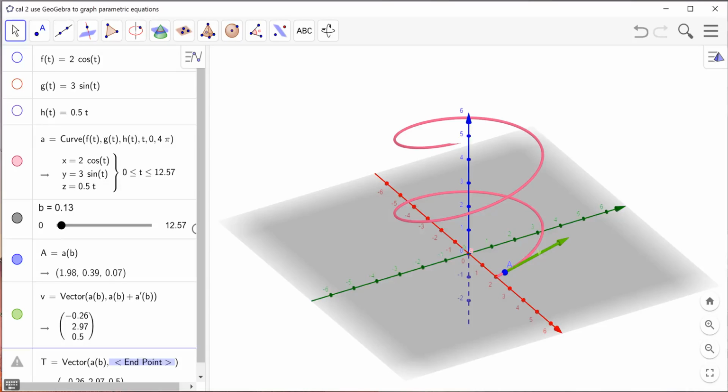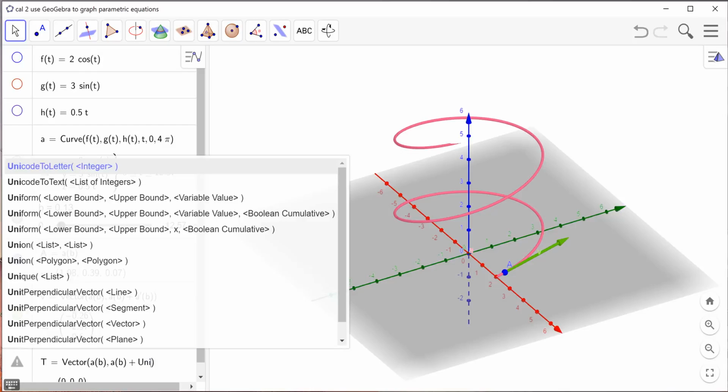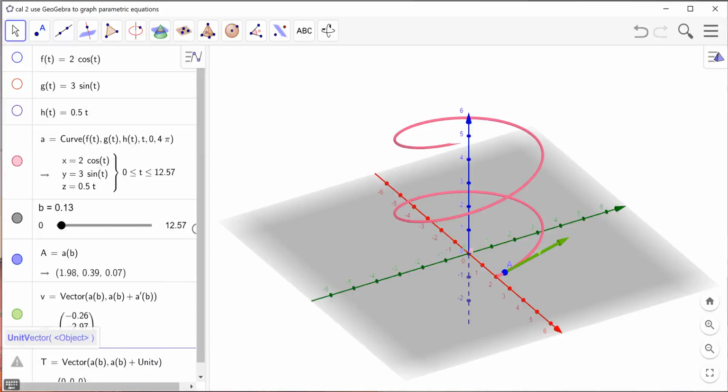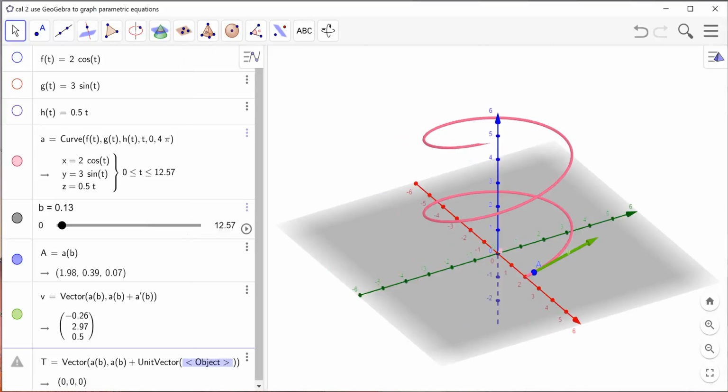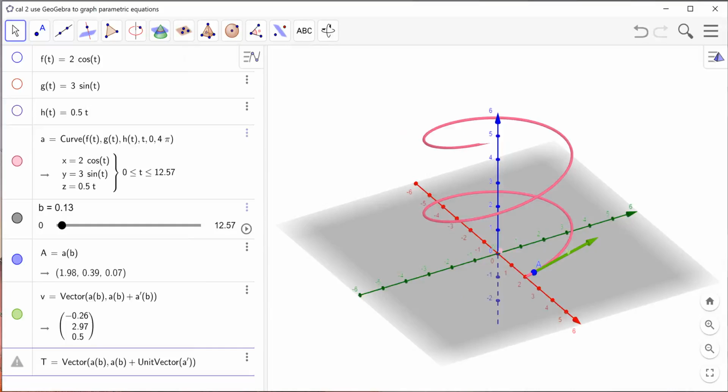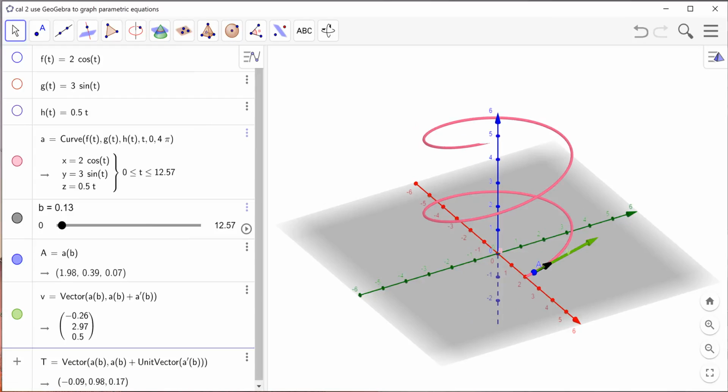If you don't do that, your vector will start at the origin, not at the point A. And we want a unit tangent vector, so we use the unit vector option. Unit vector of which vector? The vector is a prime of B, the derivative of the curve a of B. The unit vector will give us the unit tangent vector.